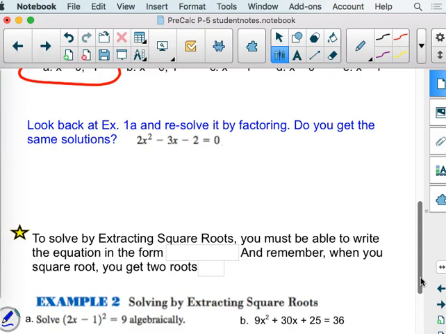This is not a perfect square anything, but this shouldn't be too bad because there's only one choice for getting that 2x squared. 2x times x. And in the back, I needed to multiply to -2 and add to -3. So let's see, it would make sense that if we had -4 for outside times outside and put plus 1x for inside times inside, that'll give us our -3.